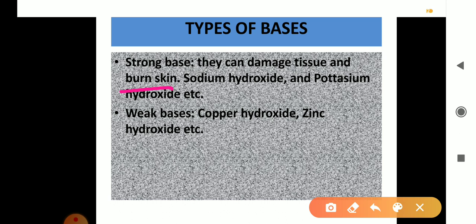Examples are sodium hydroxide and potassium hydroxide. These are called strong bases. Examples of weak bases are zinc hydroxide, etc. One more I can give you is ammonium hydroxide, right?